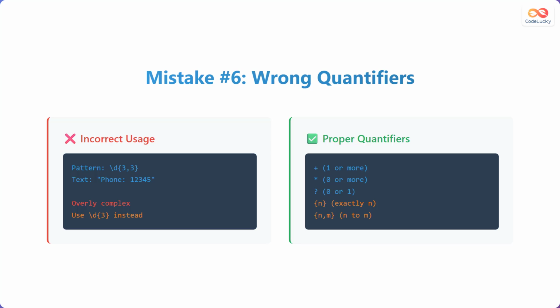On the right, we have a quick review of quantifiers. Plus matches 1 or more occurrences. Asterisk matches 0 or more occurrences. Question mark matches 0 or 1 occurrence. {n} matches exactly n occurrences. {n,m} matches between n and m occurrences.